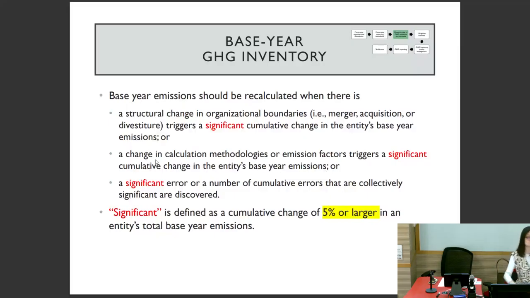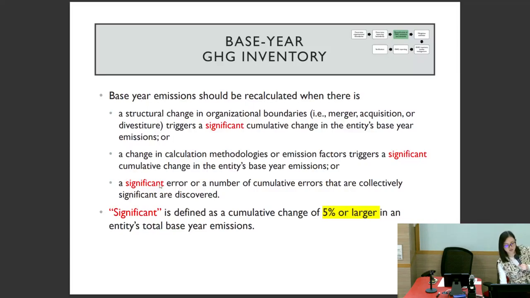So maybe you need to revise the calculation methodology. Maybe I don't rely on calculation anymore, I rely on measurement. And when I use the measurement method to quantify the carbon dioxide emissions, it results in a very significant difference of quantity. Then you may adjust the base year emissions.